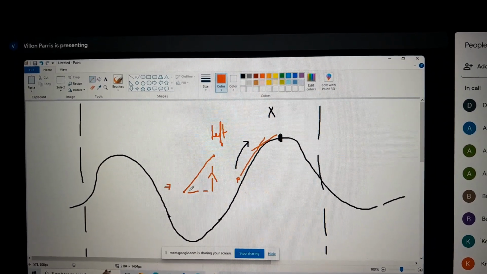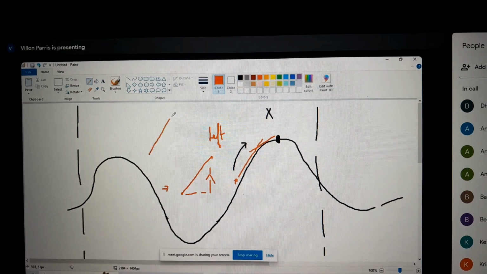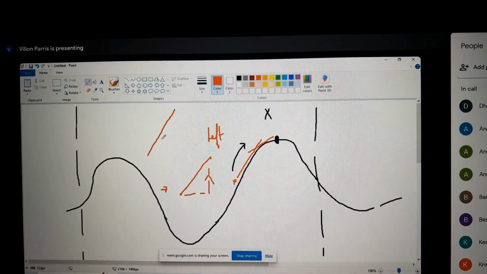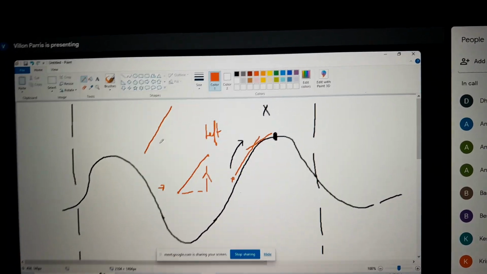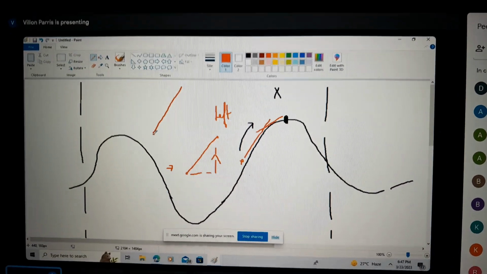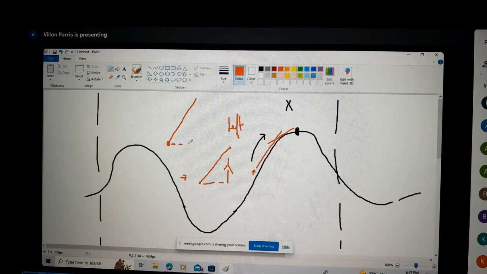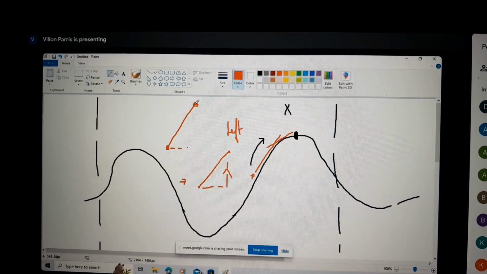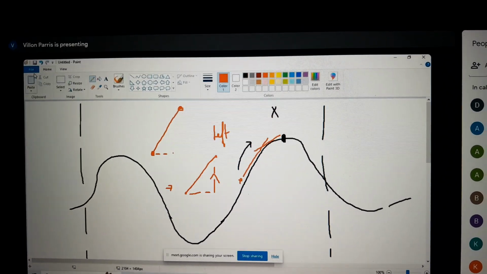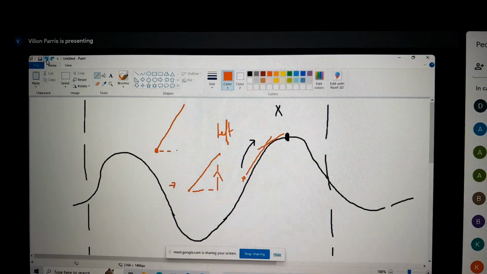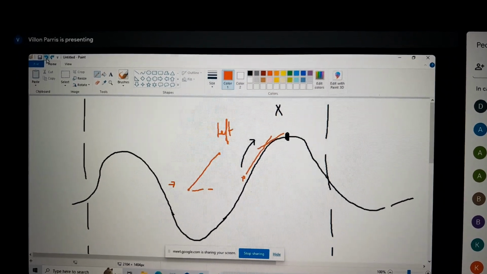So any line that's sloping forward is positive because you're starting low and as you move, you're going higher. Is that clear to everyone? Yes, sir. Right?